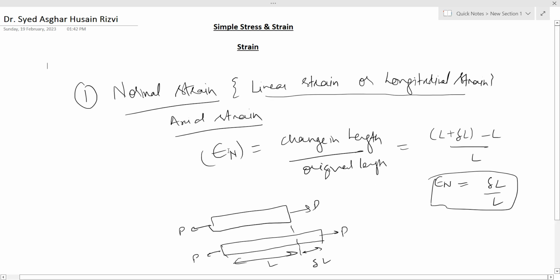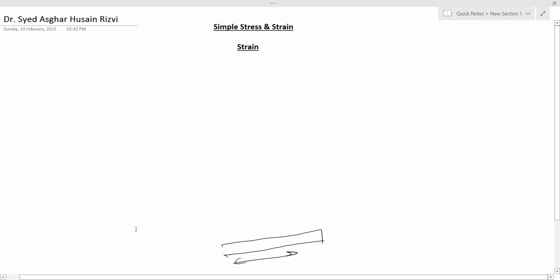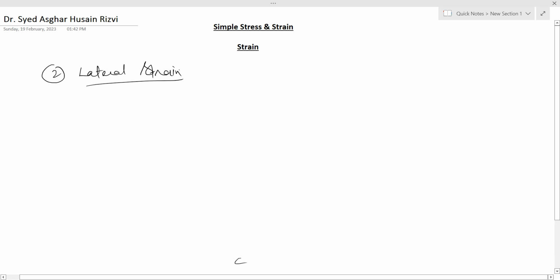The second type of strain is lateral strain. Generally, it is defined as the ratio of change in lateral dimension of the body to the initial lateral dimension. For this, we'll draw the figure first.